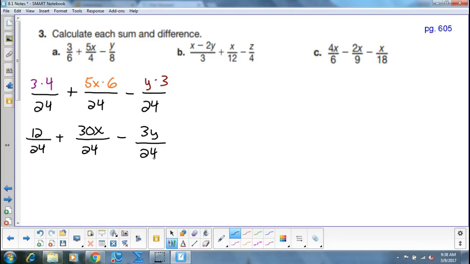Okay. Now what do we do? Add or subtract the tops, right? Okay. So that's going to be 12 plus 30x minus 3y on top. And on the bottom, it's going to be 24.